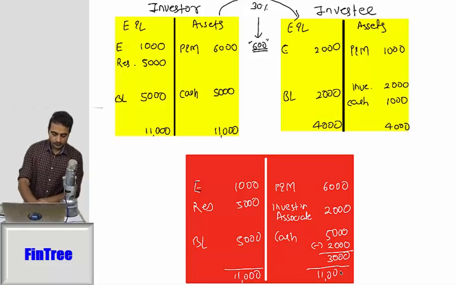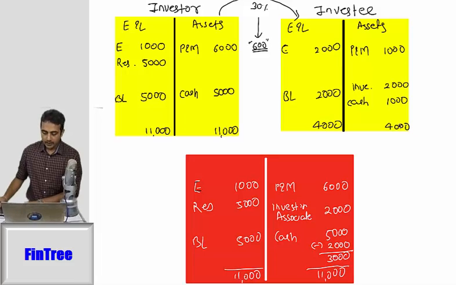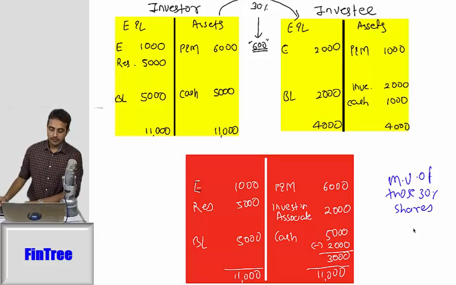Now let us assume the market value of those 30% shares is, let us say, 1900. So the market value of the shares is to be completely ignored.